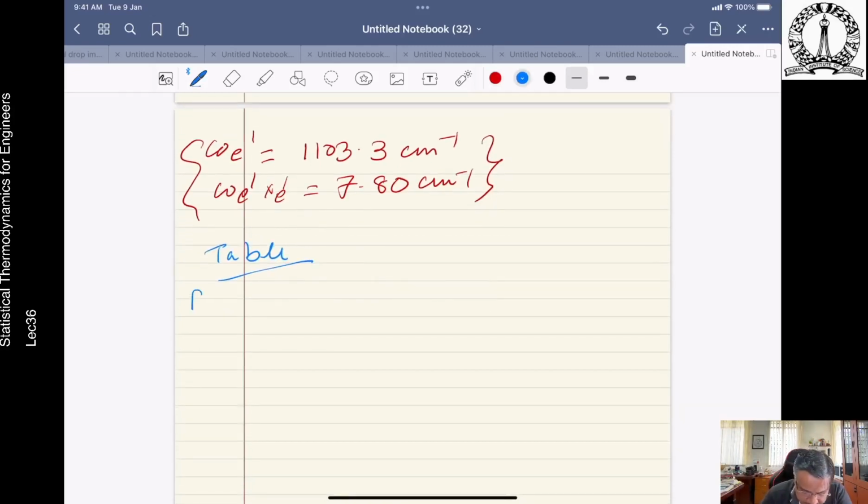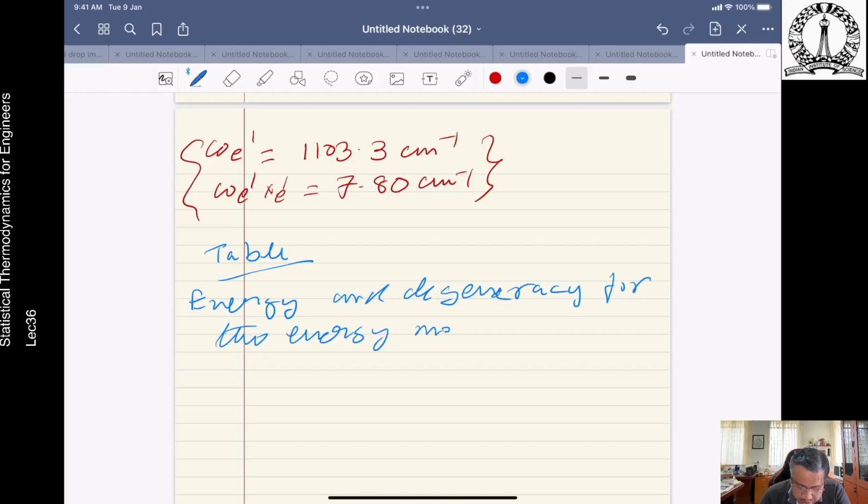So we can name this table as energy and degeneracy: the degeneracy for the energy modes of an atom or diatomic molecules.